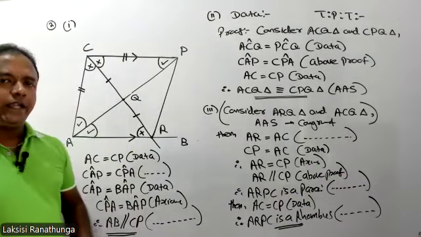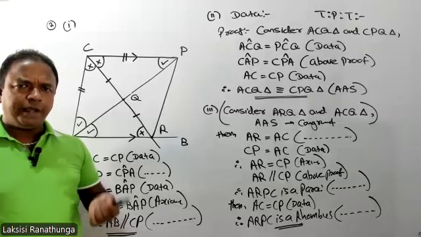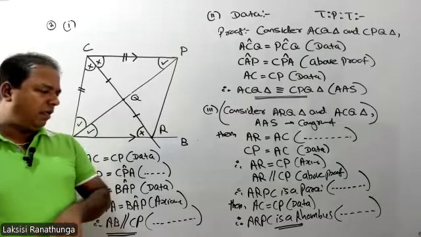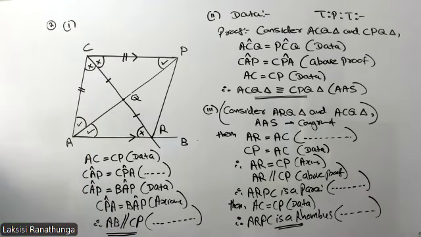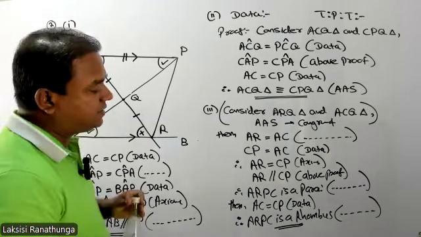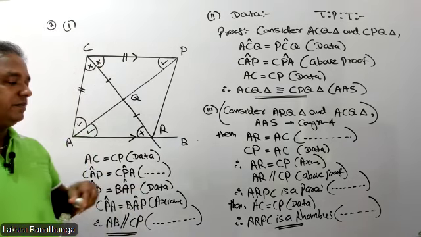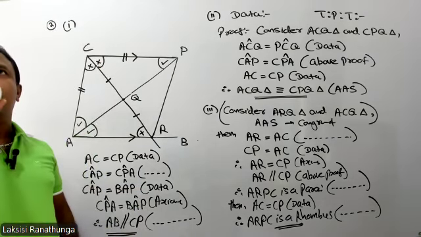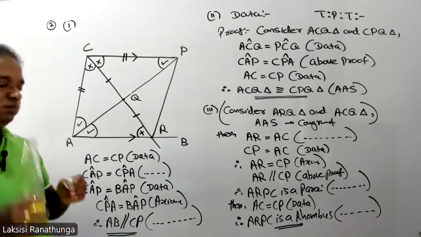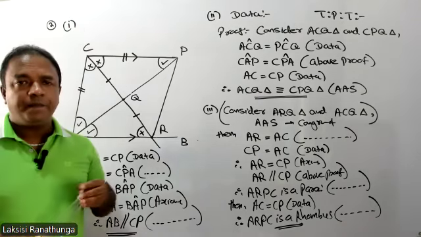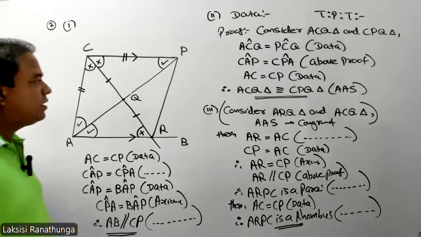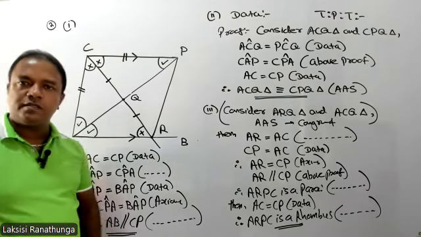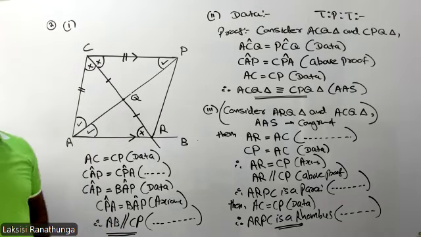Reason: if a pair of adjacent sides of a parallelogram are equal, then it is a rhombus. Right. Now we completed it.